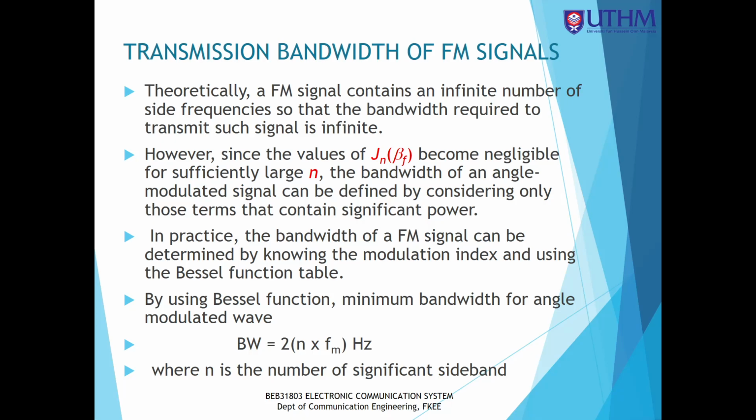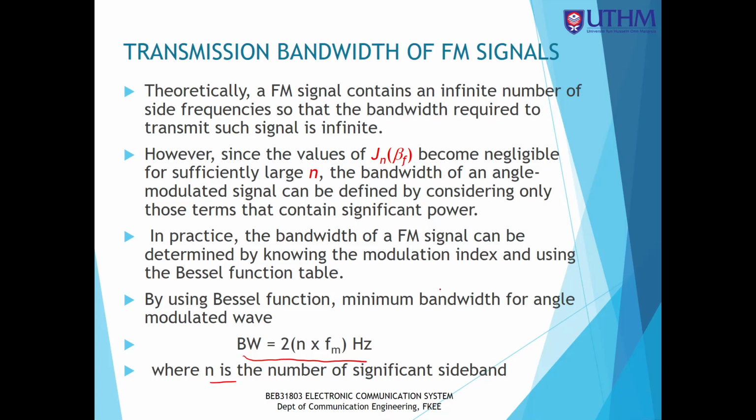Okay, bandwidth by Bessel is equal to 2 times n times FM hertz, where n is the number of significant sideband. Okay, so n is referring to the number of pairs of sideband. How many pairs of sideband?